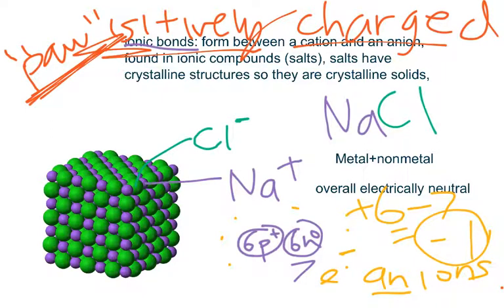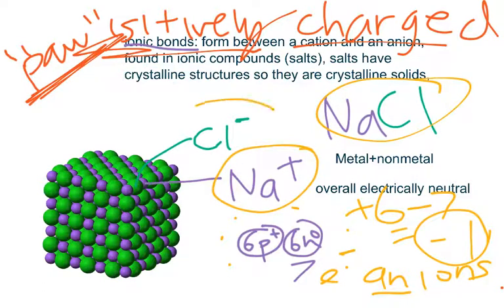So ionic bonds form between cations and anions because they are attracted to each other, since oppositely charged ions will attract since they have opposite charges, right? So for example, sodium chloride NaCl is composed of Na+ and Cl-, so the sodium cation and the chloride anion.